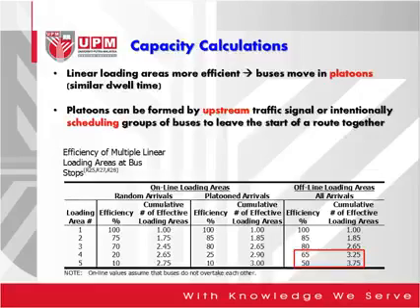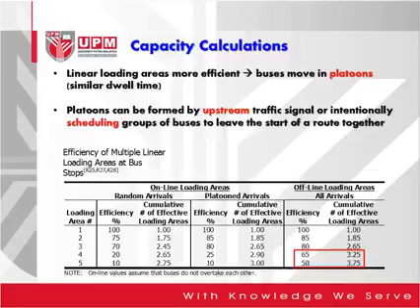For platoon arrivals, when we have 2 loading areas, the percentage is still higher than random arrivals, 85 for platoon, 75 for random arrivals. But for offline, we can see that the first is 100%, second loading area 85%, third is 80, which is still the same compared to platoons.